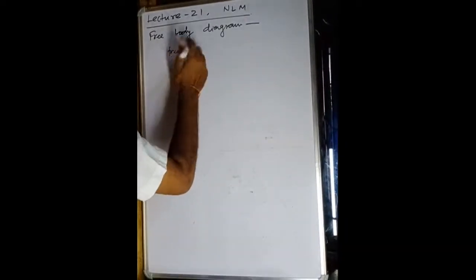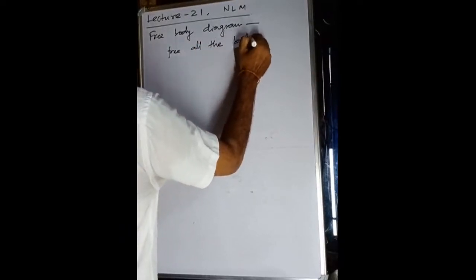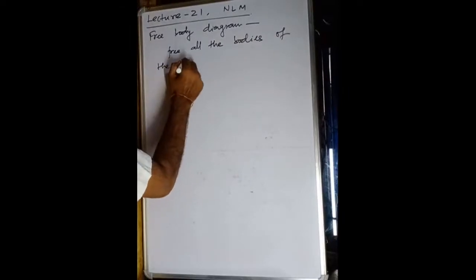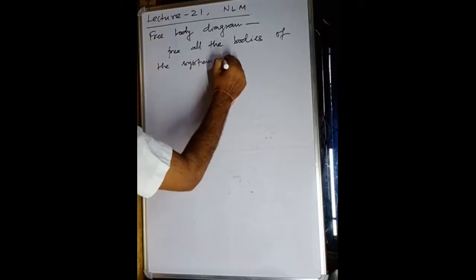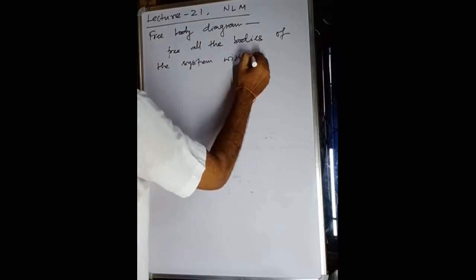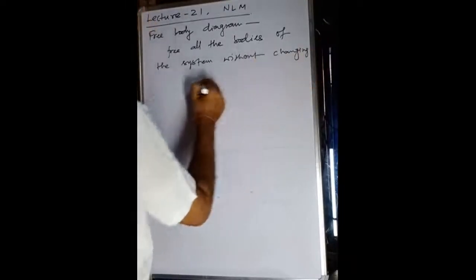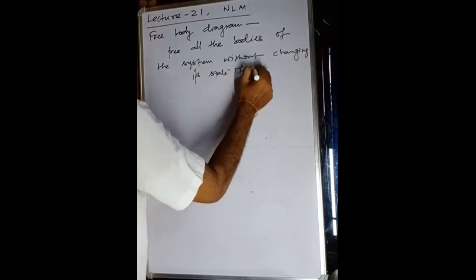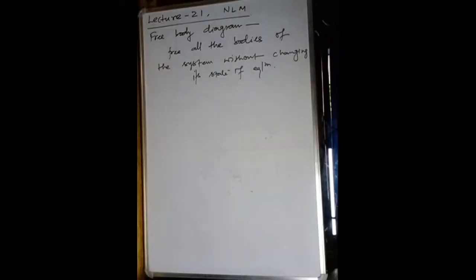It means free all the bodies of the system without changing its state of equilibrium. This is the concept of free body diagram.